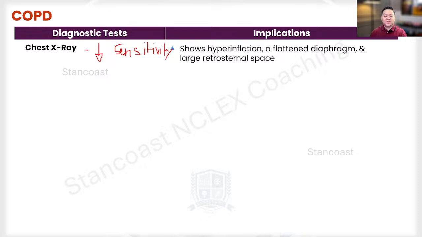Now let's go into the next test here, which is the alpha-1 antitrypsin level. Remember this? This is one of those tests that we've talked about, and the level is going to be decreased in the patient with emphysema. This is a diagnostic test that will measure the level, and will also consider the patient's personal and family history.